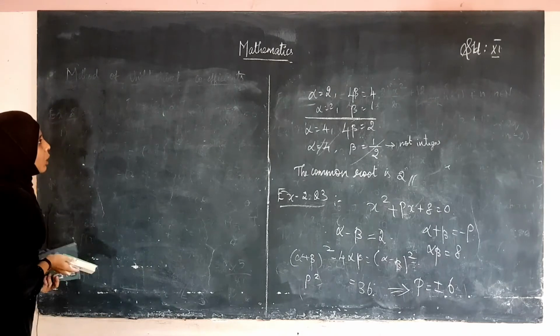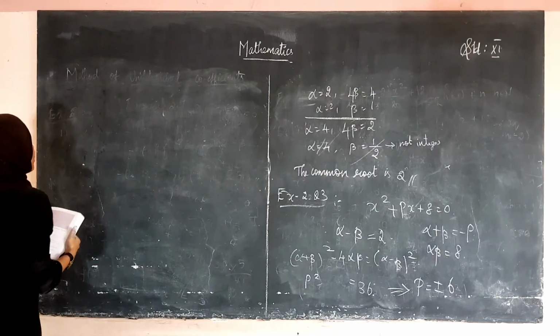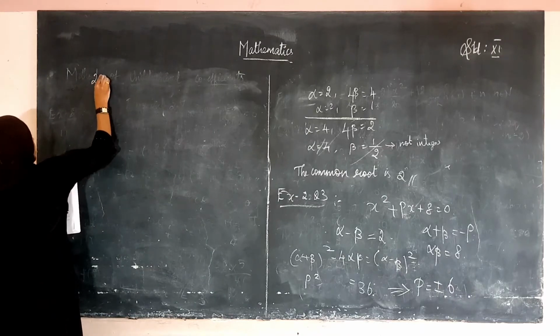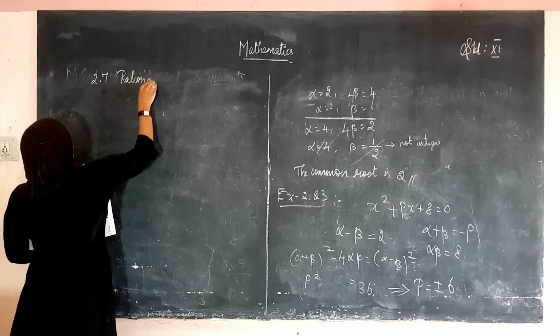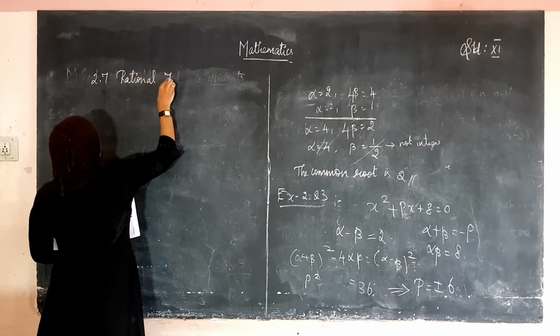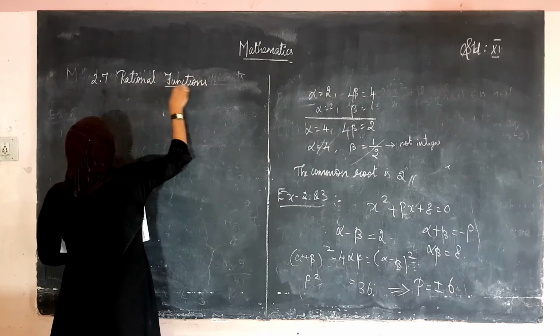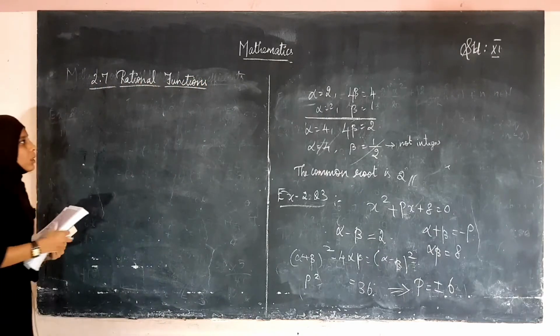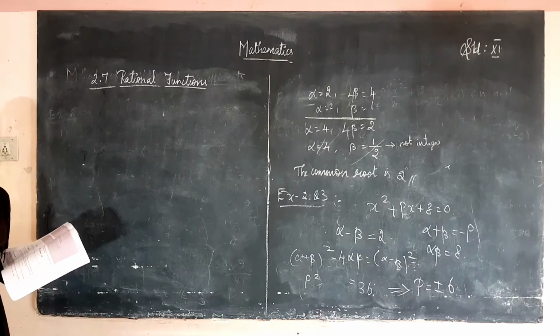Now, what we are going to see is 2.7, rational functions. We know what rational numbers are.